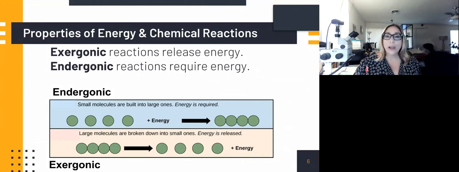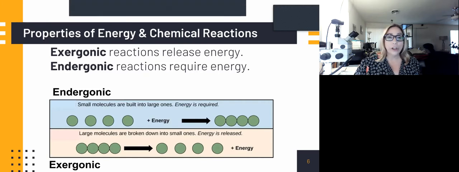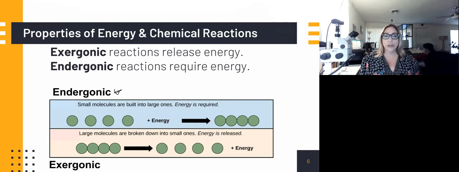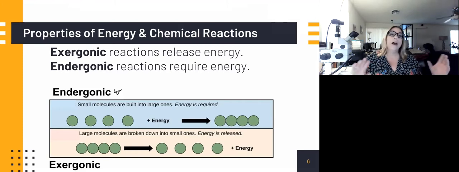So let's look at an endergonic reaction. That's right here on the top of your image. Now, first of all, large molecules with many bonds have high potential energy. When these bonds are broken up, energy is released.